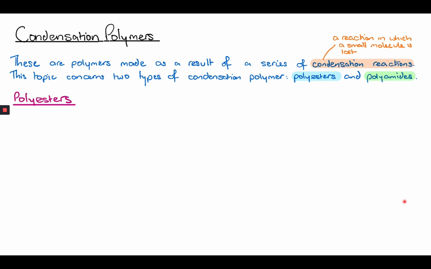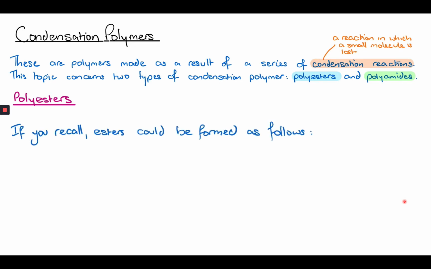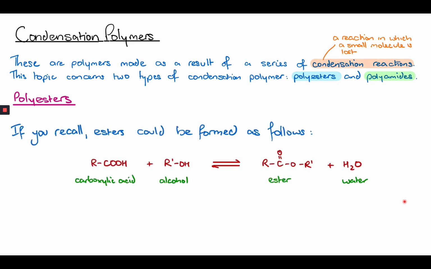Now, if we start with polyesters and think back to what we already know about esters, hopefully you're going to recall that you could make an ester by reacting a carboxylic acid and an alcohol. And then we got an ester and water formed. That was also referred to as a condensation reaction.